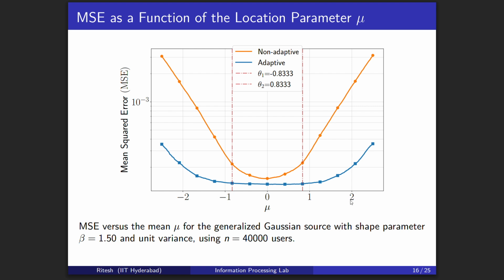Even though it is valid for any real mu, for the presentation and for illustrating and validating our protocol, we assume mu is from -2 to 2. Then one can see the adaptive one performs much better than the non-adaptive one.